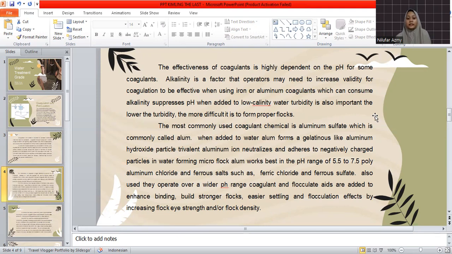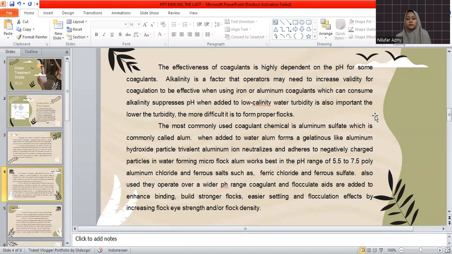The most commonly used coagulant chemical is aluminum sulfate, which is commonly called alum. When added to water, alum forms gelatinous aluminum hydroxide particles; the trivalent aluminum ions neutralize the negatively charged particles in water, forming microfloc.